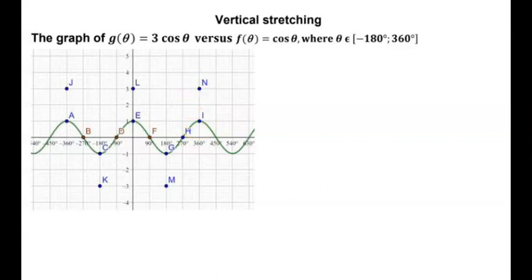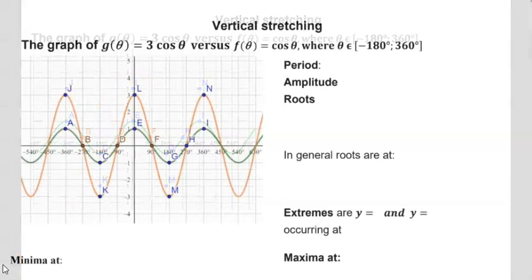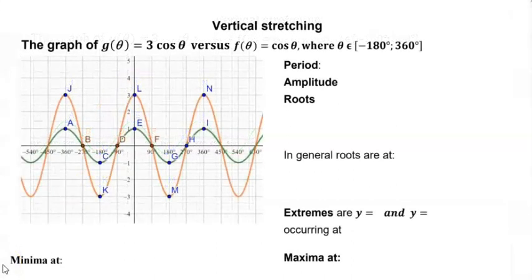So now we have our dots, and now we have to join them with a similar curve to that of cos, but just stretched vertically. On this page, we have now joined the points that we made on the previous page, and we get this orange graph here.